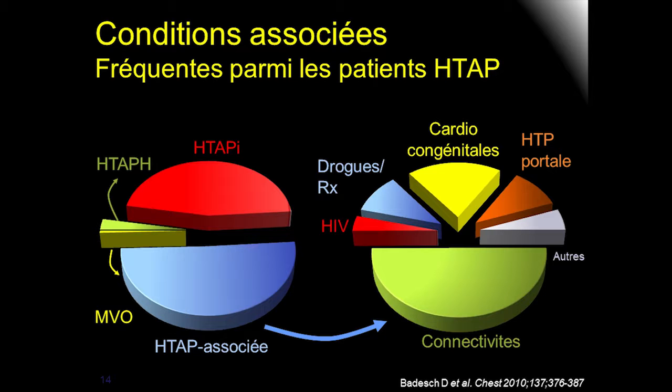These are what we call the associated or associative PAH cases. More than 50% of cases are involved, and this is often connected to a connective tissue disease, including scleroderma. So even though PAH is a rare disease, it is unfortunately very often present in people who have scleroderma, and we will see what this means a little bit later on for scleroderma patients.